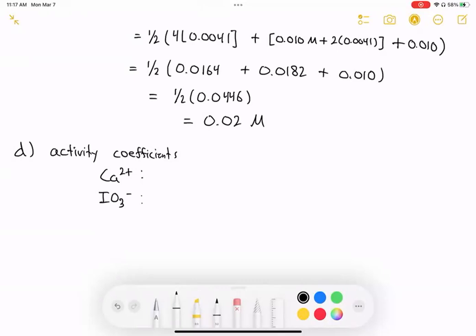So calcium 2 plus. In the 0.01 column for calcium, it will be 0.675. And then for iodate, it'll be 0.902.